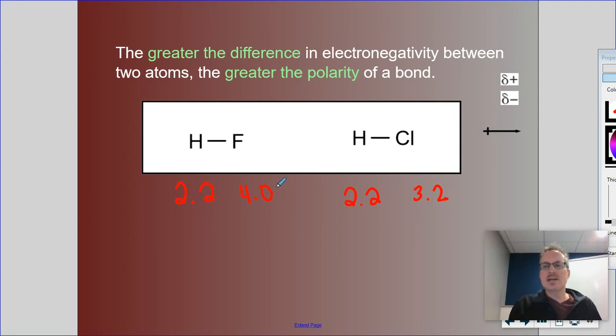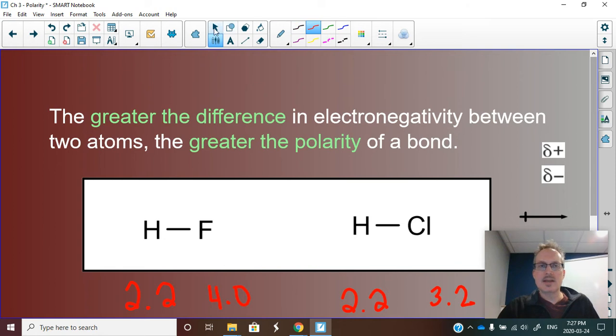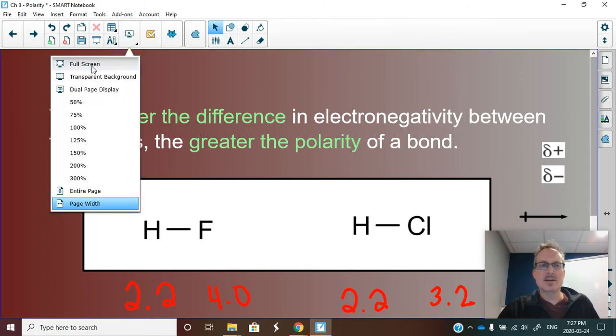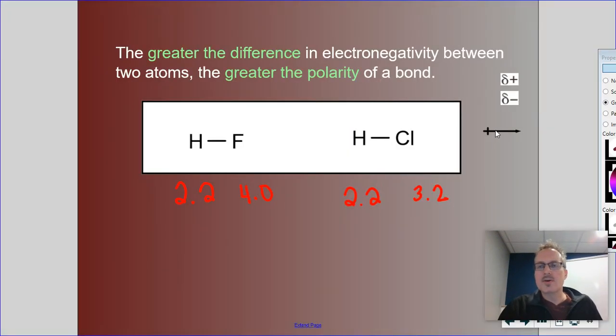So we already know, although the first example, hydrogen fluoride, we're going to point towards the fluorine. And although in the second example, we're going to point towards the chlorine, and chlorine is more electronegative than the hydrogen, and the fluorine is more electronegative than the hydrogen, both of these are polar.